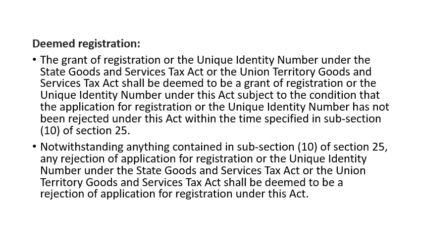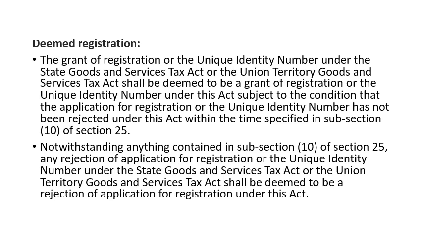So next, deemed registration, just to refer to this. This is a provision: the grant of registration or the unique identity number under the State Goods and Services Tax Act or the Union Territory Goods and Services Tax Act shall be deemed to be a grant of registration or the unique identity number under this Act, subject to the condition that the application has not been rejected under this Act within the time specified in sub-section 10 of section 25.